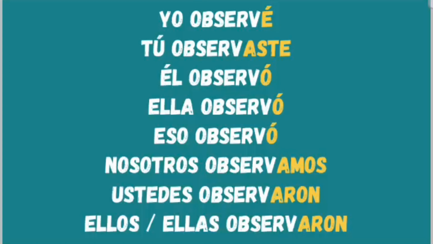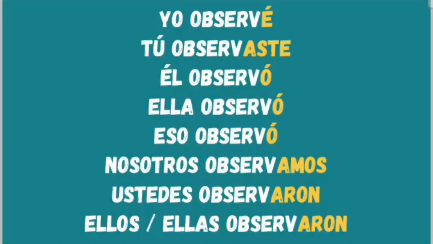Now, if you want to say you observed, then you have to say tú observaste. Now with the personal pronoun he observed, él observó. To say she observed, you have to say ella observó.